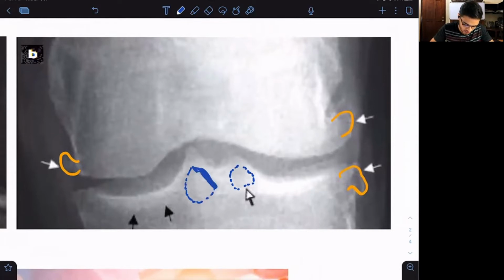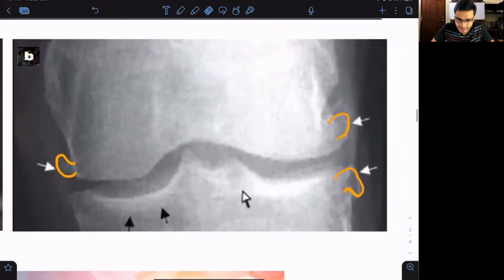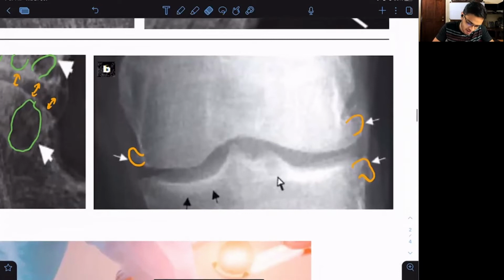If I erase those lines, you all can probably see it better. A little bit darker. These are cysts, right? And here we can also appreciate again some sclerosing regions, okay? Some sclerosis.